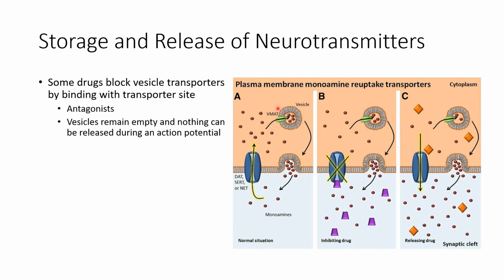Now that's the normal process, but if we have a drug that is antagonistic and it's going to bind with the transporter sites here, so for example, we have this inhibiting drug, it binds with the transporter site, so what this does is it doesn't allow the neurotransmitter to be reuptaken back into the sending cell.